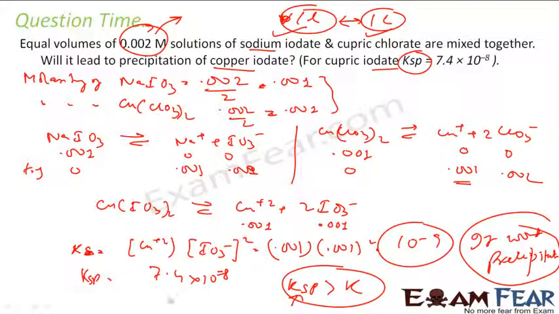The solubility product is more, so more ions are required to reach this value. If you have more ions of this or this, then it would have precipitated. But now, since this value is more, it is not able to reach this value. It has reached only this value. Once it reaches this value, then only it will precipitate. Had this number been, let's suppose, 10 to the power minus 1 or 2, in that case this number is much bigger than this, that means it would have precipitated. But since it has not reached the Ksp value, it won't precipitate.